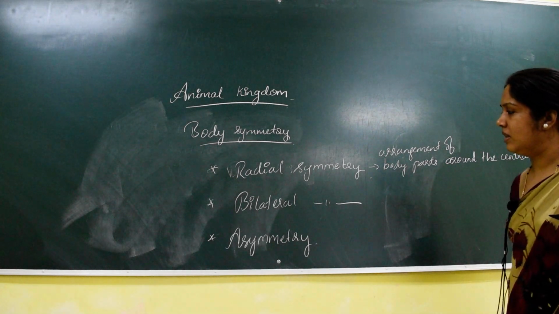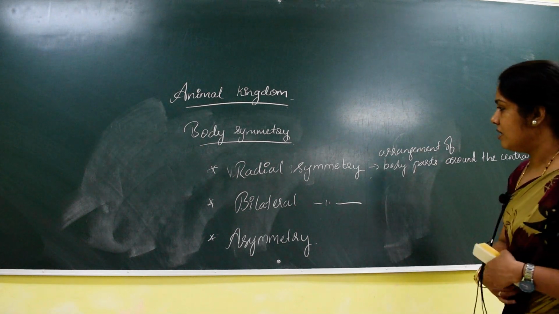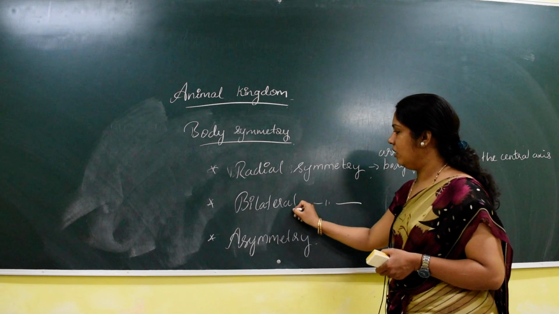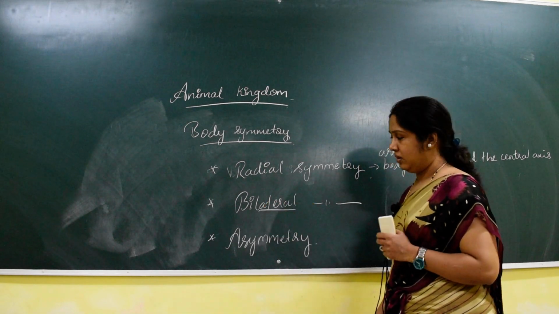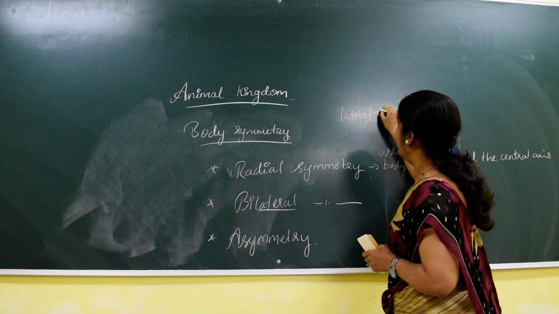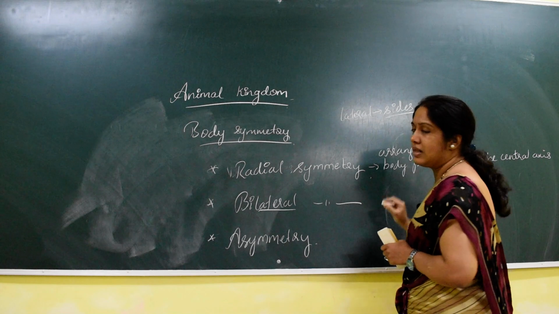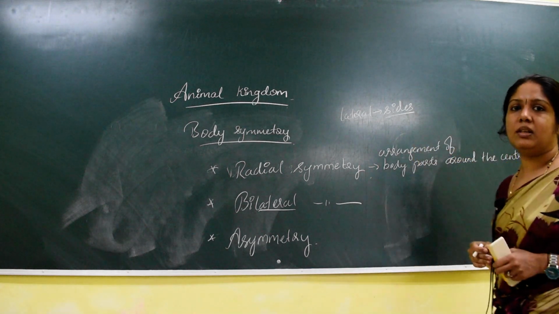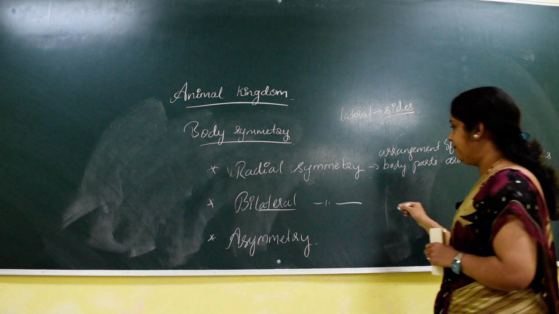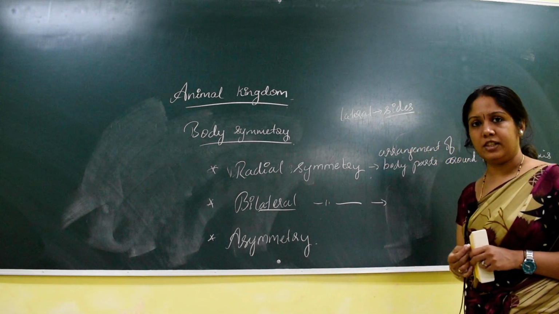Next, there is another word called bilateral. What is bilateral? Wherever you come across the word lateral in biology, it refers to sides. In bilateral symmetry, how are the body parts arranged in the organism?